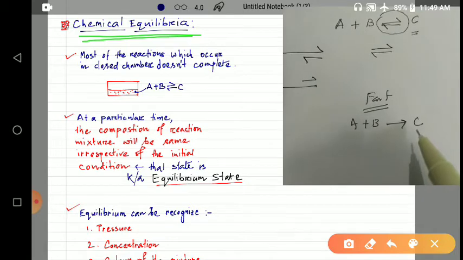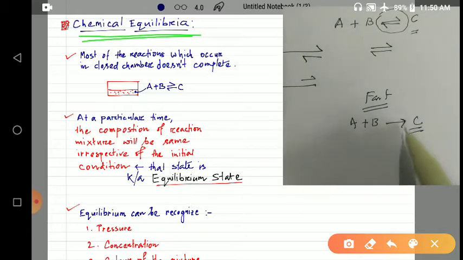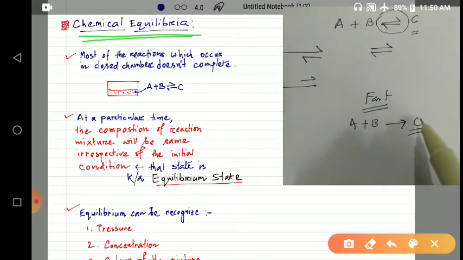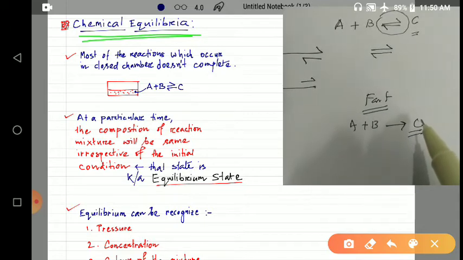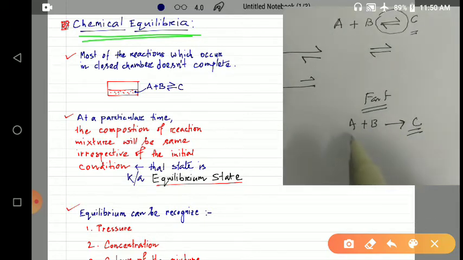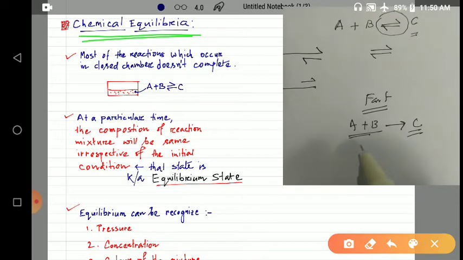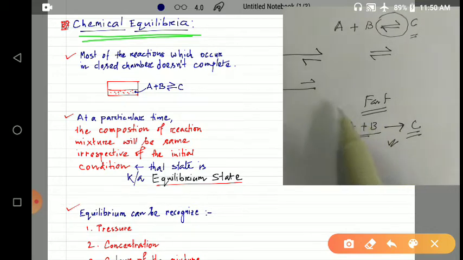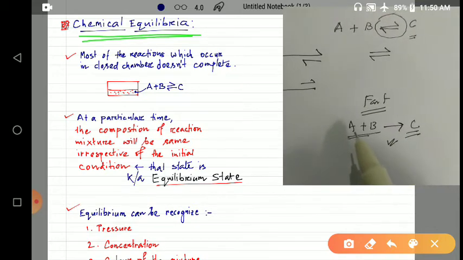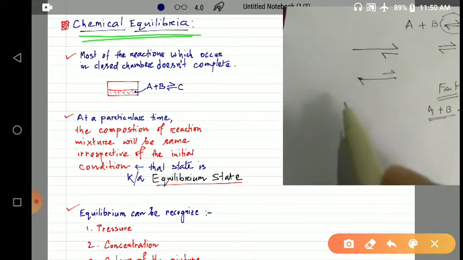So in that little amount of time, C will not have enough time to get back into its reactants, that means A plus B. That's why for fast reactions reversibility is not observed.